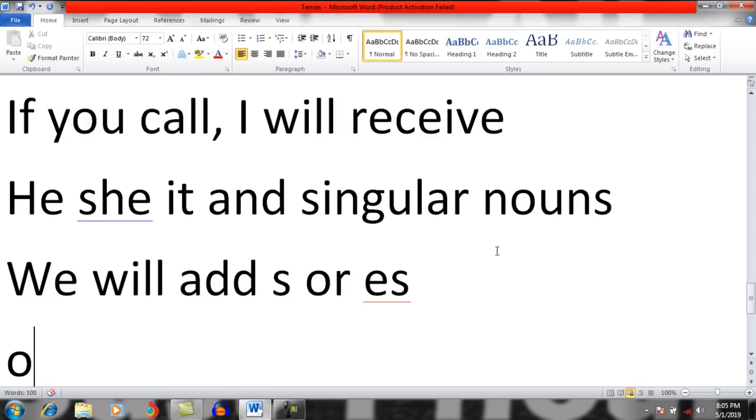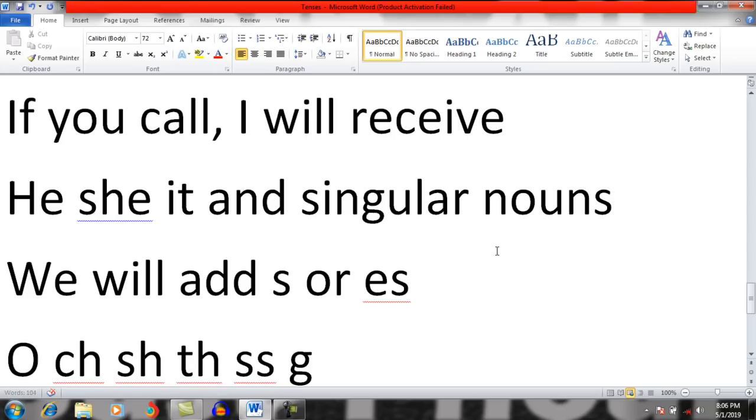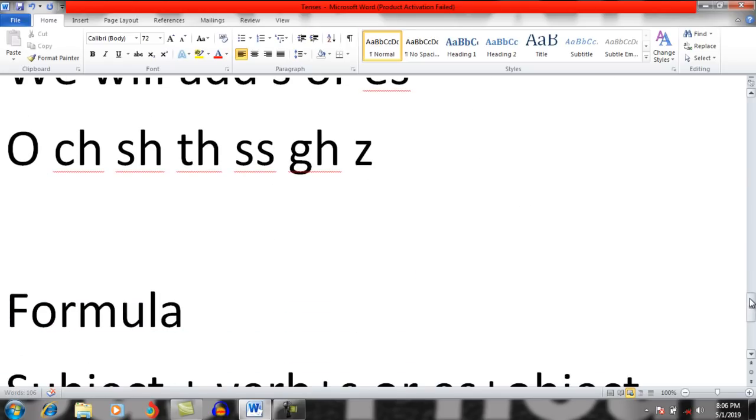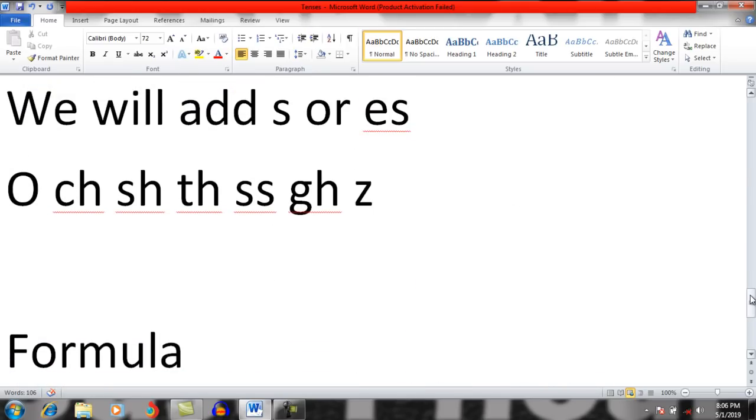Those verbs which end with o, ch, sh, th, ss, gh or z, we will place es whenever we are talking about third person pronoun. So then you will have to put es. And those verbs where there is no o, ch, sh, th, ss, gh, z will not add es. We will only add s.